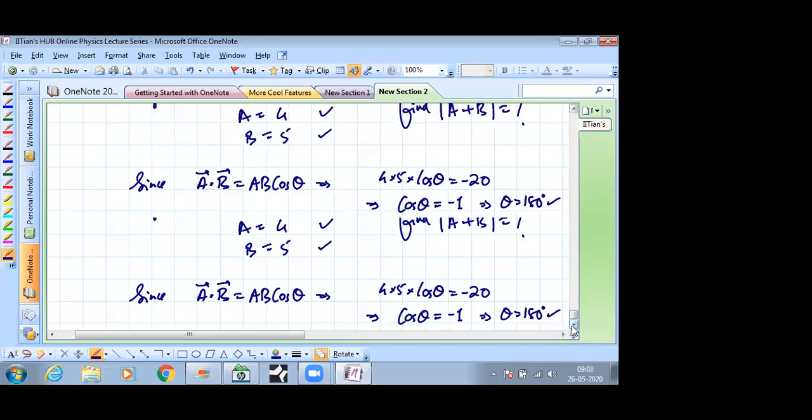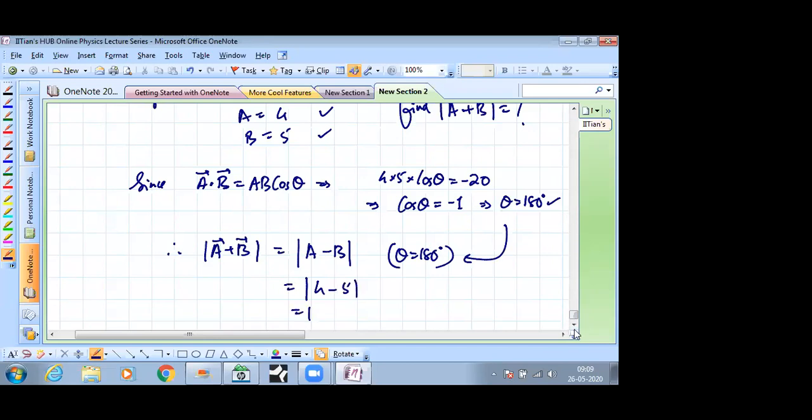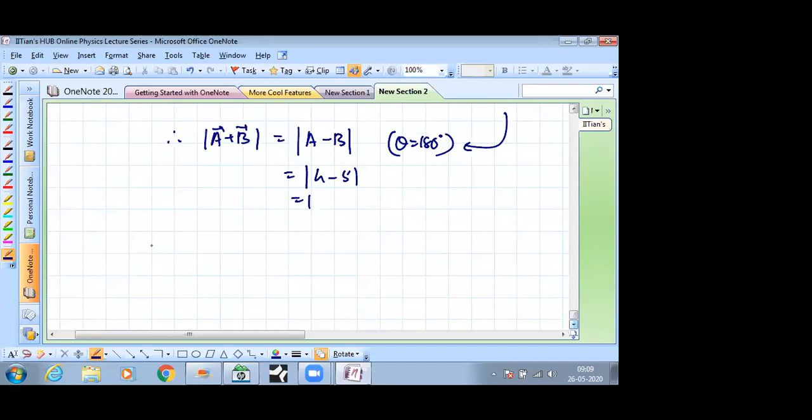Therefore, magnitude of A plus B will here just become mod of A minus mod of B, because theta is 180 degrees. You can use this directly. So that is 1. Or you can just substitute in the formula.